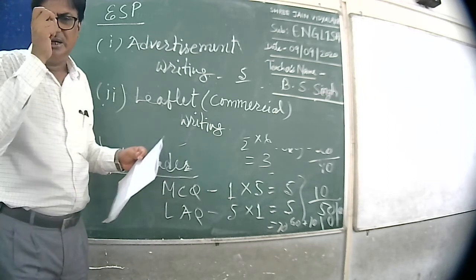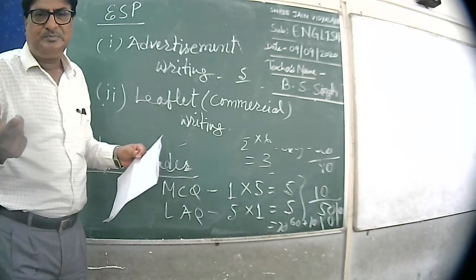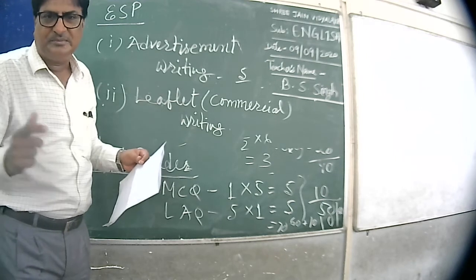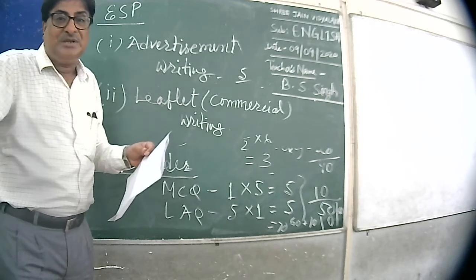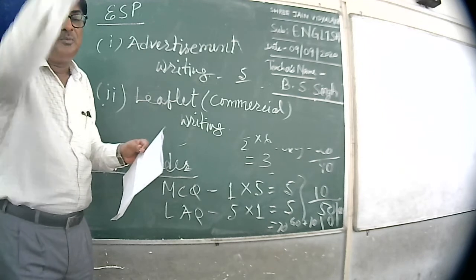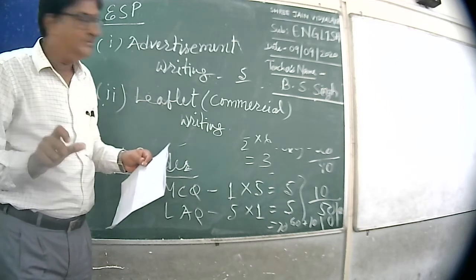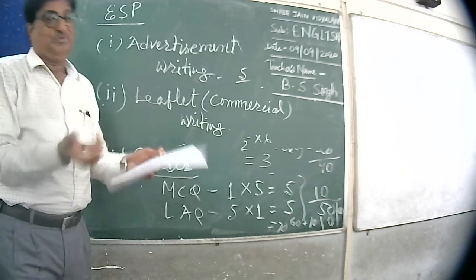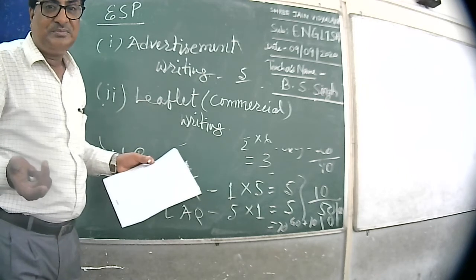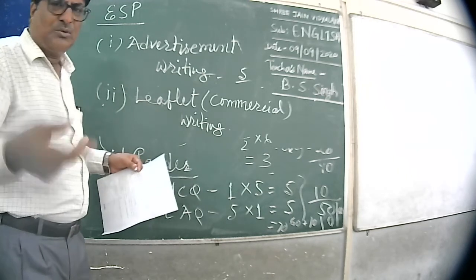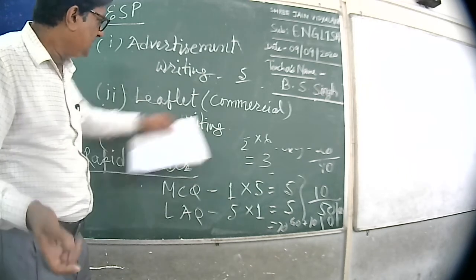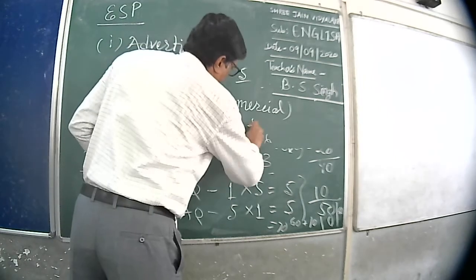Suppose in your locality, a mobile shop is going to be opened. For advertising purposes, you have to prepare a commercial leaflet. You have to make a design for it. I will tell you about this. It is also for 5 marks.